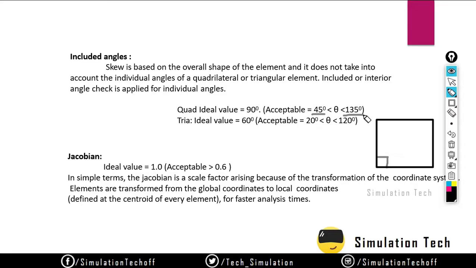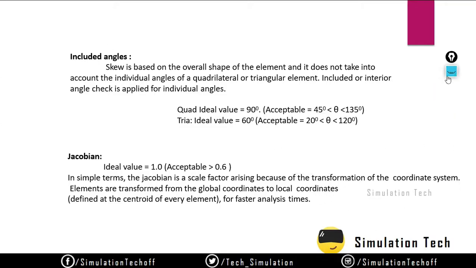Beyond that it cannot go, and lesser than 45 is not acceptable. For a triangle, the ideal value should be 60, the minimum value should be 20, and the maximum should be 120. Any values in between are acceptable. So that is the included angle.